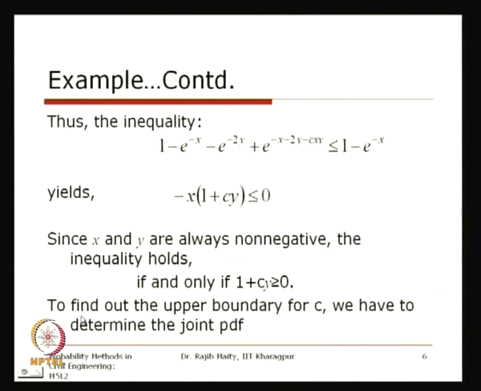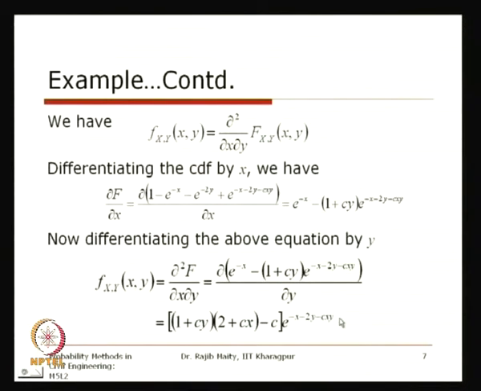Now if we want to know the upper boundary of c, we have to determine it from the joint PDF. In the last lecture we defined the PDF as the double derivative with respect to x and y of the cumulative distribution function. If we take the derivative of this joint distribution, it yields e to the power minus x minus y times (1 plus c y) e to the power minus x minus twice y minus c x y.